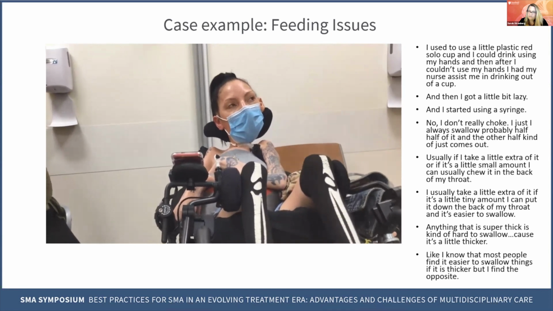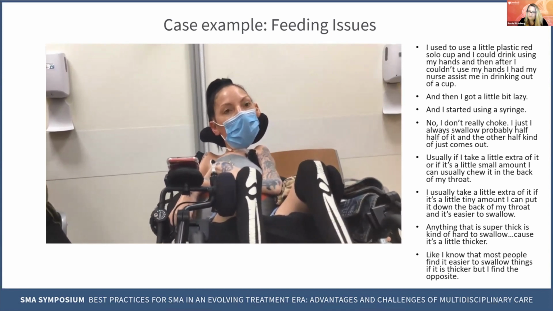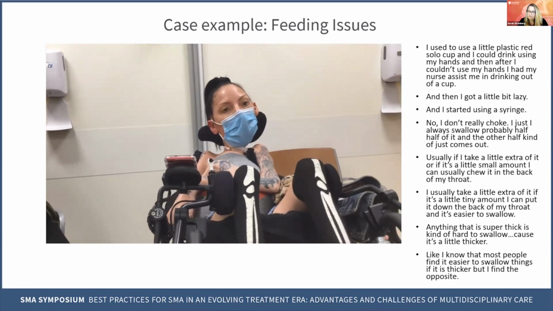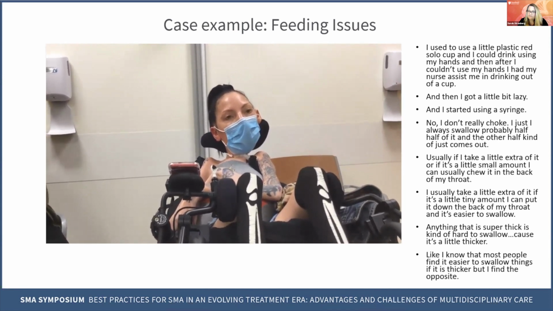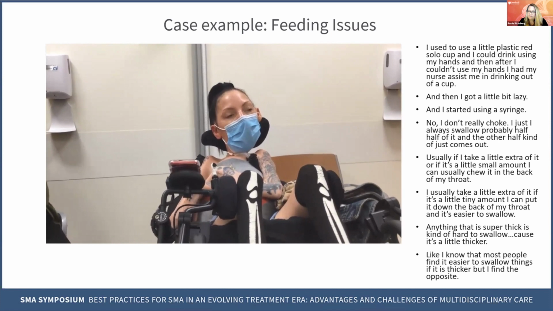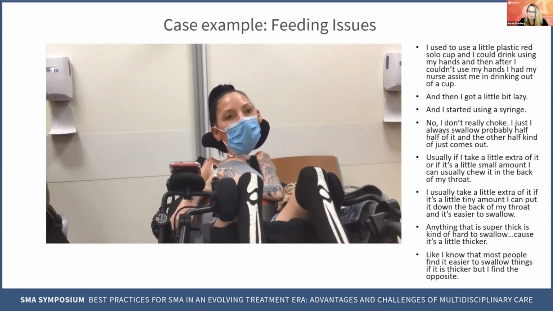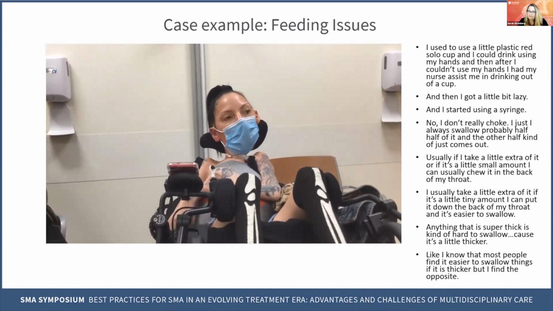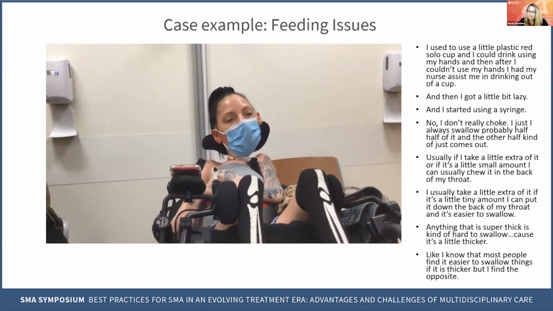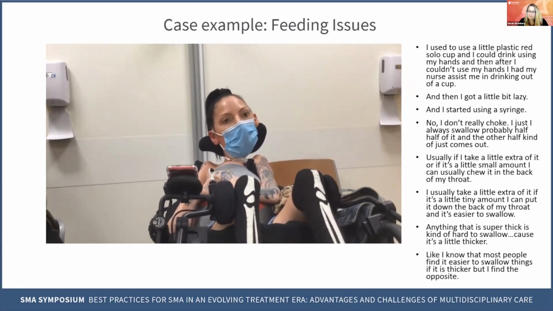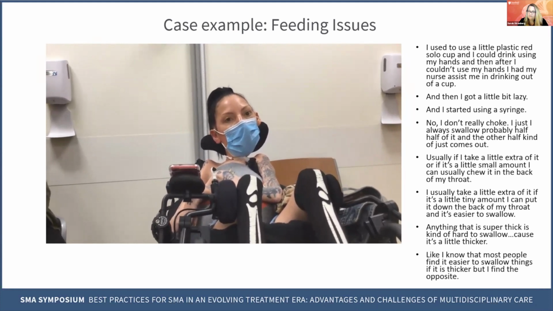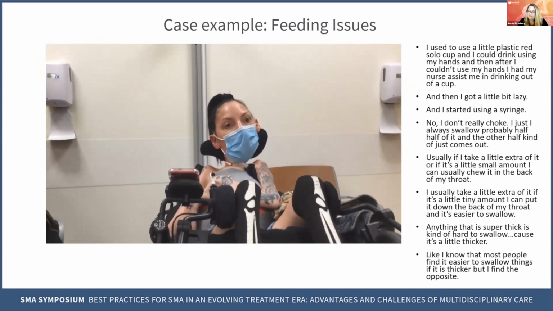I usually take a little extra of it, or if it's a little tiny amount, I can put it down the back of my throat and it's easier to swallow. Okay, so somebody can put the medication way back. Yep. Because we have the tiny syringes. Okay, all the way back, but you're using the bigger syringe to eat with. Yeah.